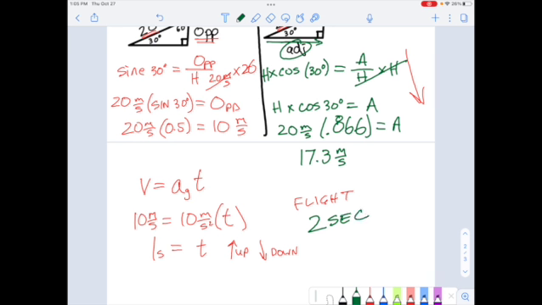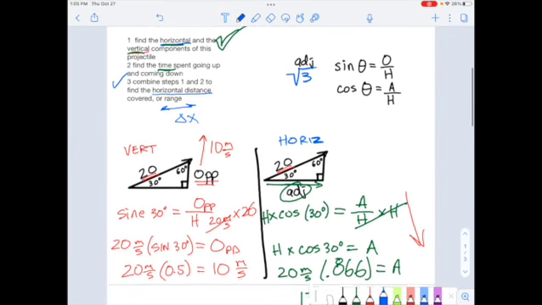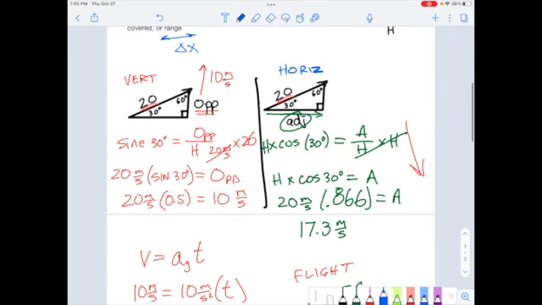So remember, this is a shared variable. Both the horizontal action and the vertical action both need to be using 2 seconds. Our third and final step, we're going to combine this to find the horizontal distance. Remember, we're only halfway through. This is for the triangle that is a 30-degree angle when launched.